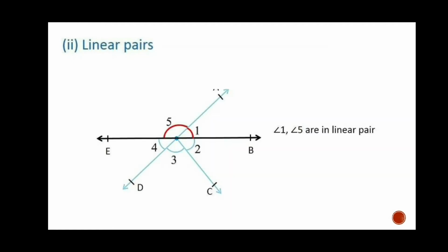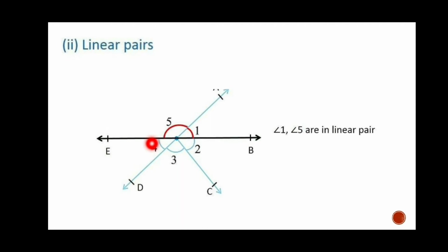So let's see. First linear pair you can see here, angle 1 and angle 5. As the figure is given, this black line is showing the straight line EB.